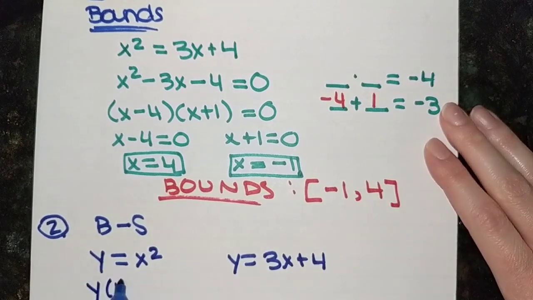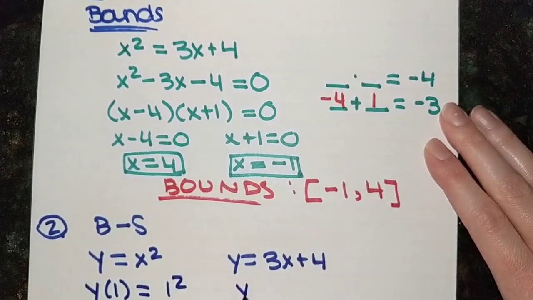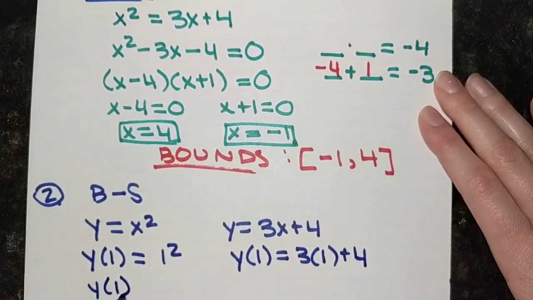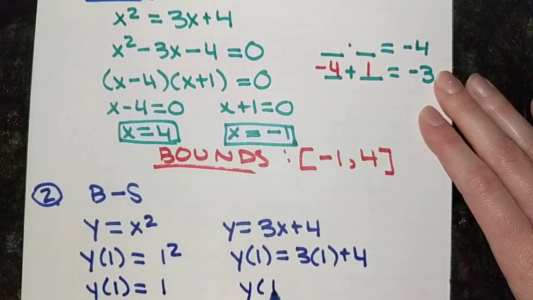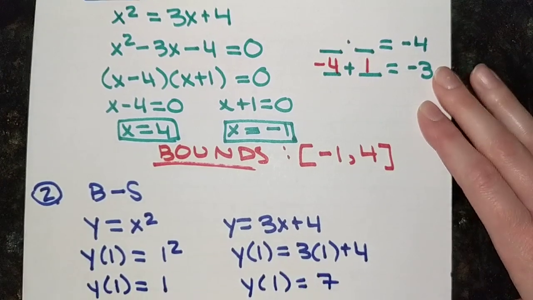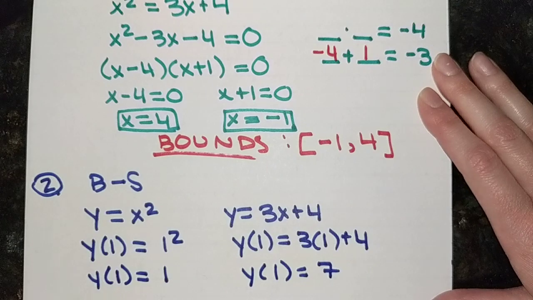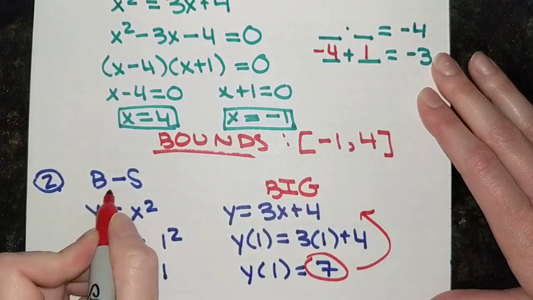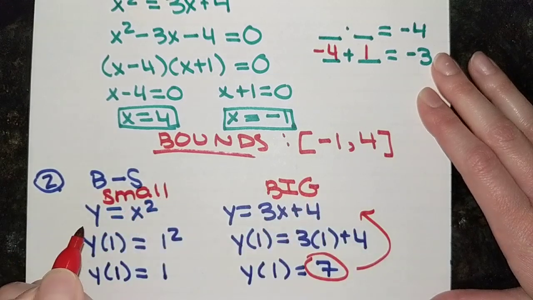So I might plug in 1, and then here plug in 1. And what that does for me is it tells me that the first function is 1 versus the second function, which is 7. So from that information, I know that my bigger function is this 3x plus 4, and my smaller function will be the x squared function.